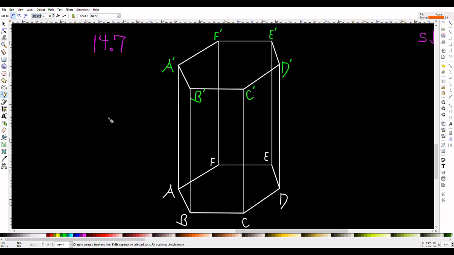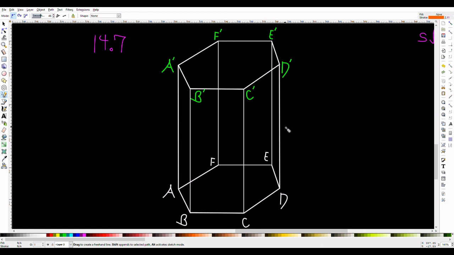Okay, our first question is find the lateral surface area. So we need to find the surface area of just these 6 faces, excluding the bases. The key word in our problem is that this is a right regular hexagon, and that means that these faces are forming right angles with the bases.